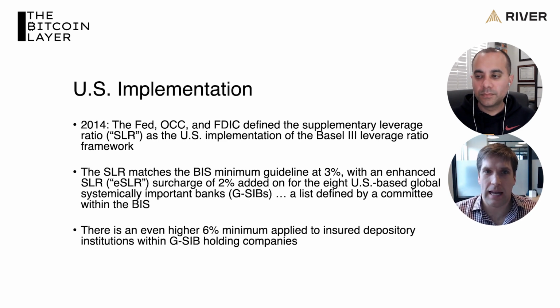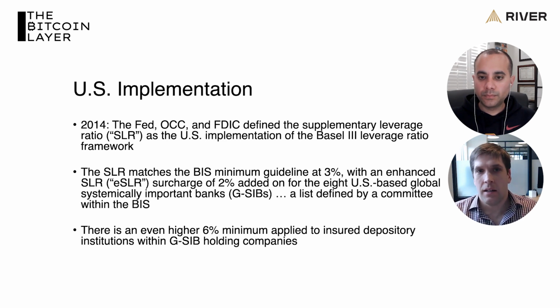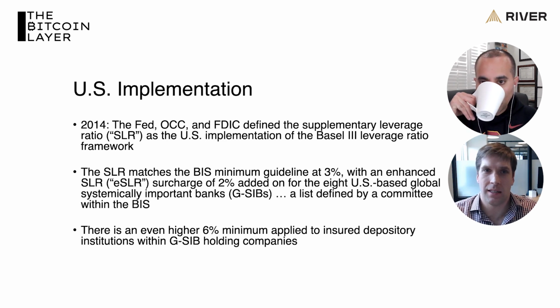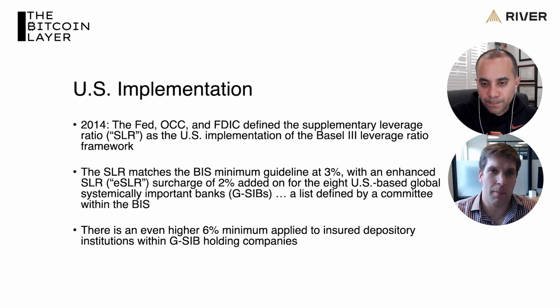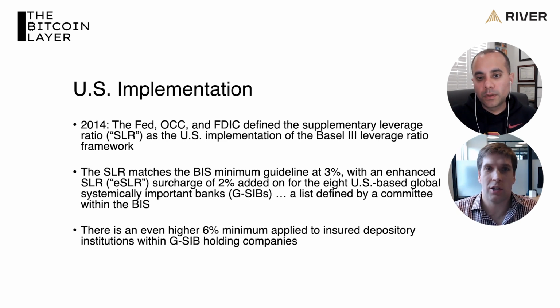So those GSIBs are actually held to a higher surcharge, if you will, in addition to that 3%. And this extra surcharge onto that minimum guidance is called the enhanced SLR, or you'll see it as ESLR with a lowercase e. It's 2% tacked onto your 3, so it's a 5% minimum SLR ratio, if you will. And then if you're the insured deposits arm of the bank holding company that's a GSIB, you actually get another point.